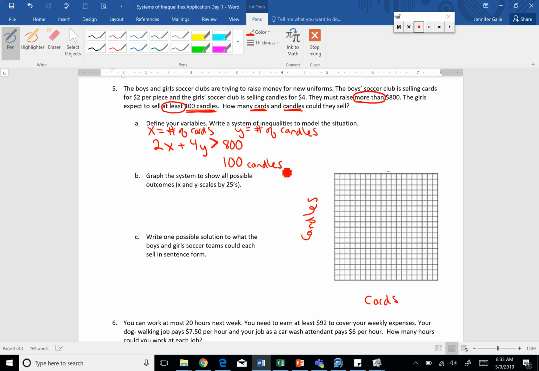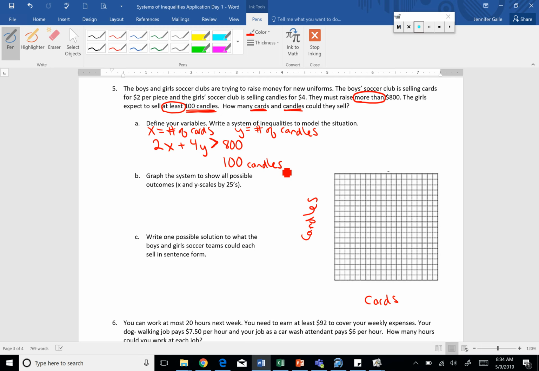It's not 100 cards and candles. It's not 100 items. It's just 100 candles. This phrase right here, this is the biggest reason I wanted to go through this specific one with you. And there are a few questions like this one, and I'll help you pick those out here after we finish this one. There are a few questions like this one in the rest of the practice for you.